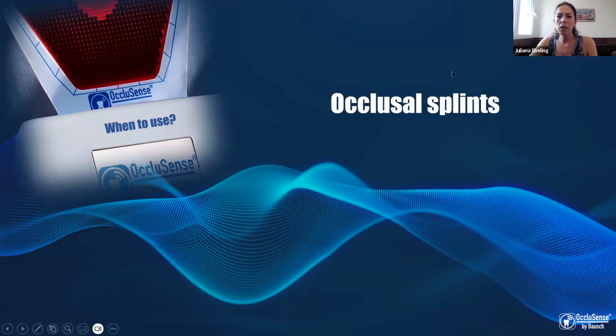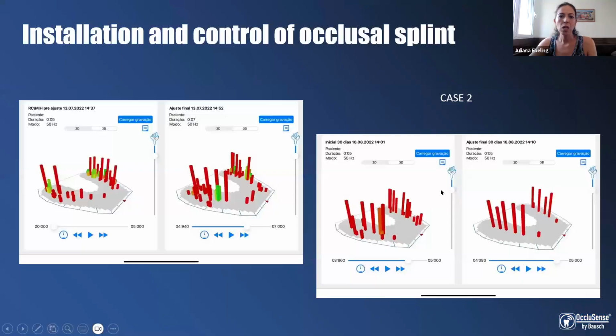Another situation where OccluSense is very helpful, not only for the distribution and intensity of the contacts but to follow up these patients, is for occlusal splints. I learned a lot about muscle activity and how we can capture this information with OccluSense using occlusal splints.